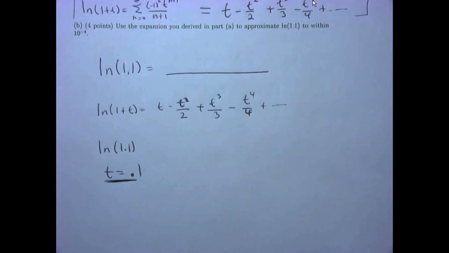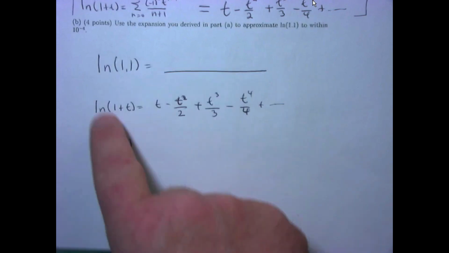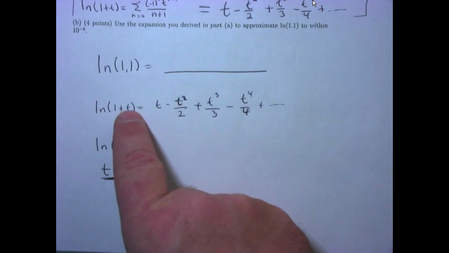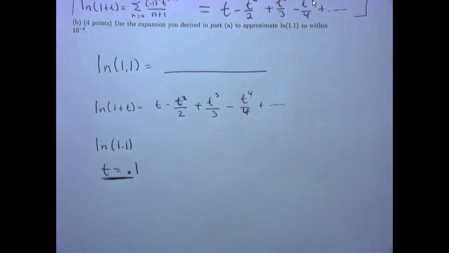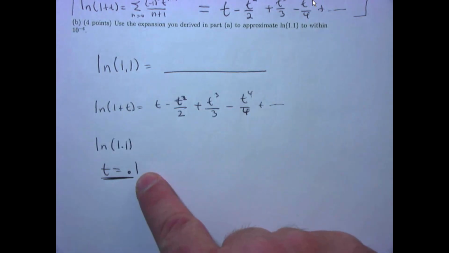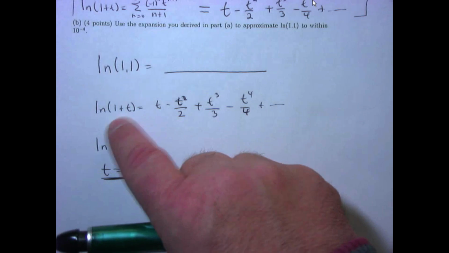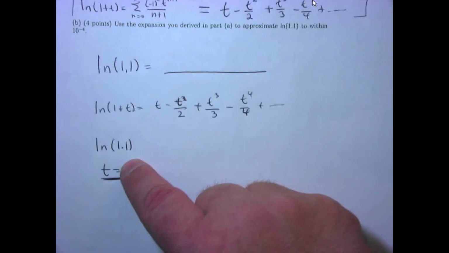T is 0.1. A lot of people plugged in for t the number 1.1 and plugged it into the series, which went off wrong. That was the wrong t number. If I want to calculate natural log of 1.1 and use my power series of natural log of 1 plus t, what number do I have to plug in for t? It's 0.1, because 0.1 plus 1 is your 1.1.